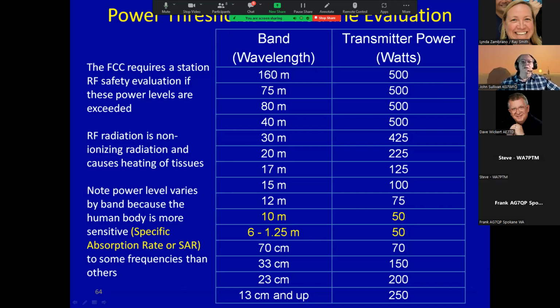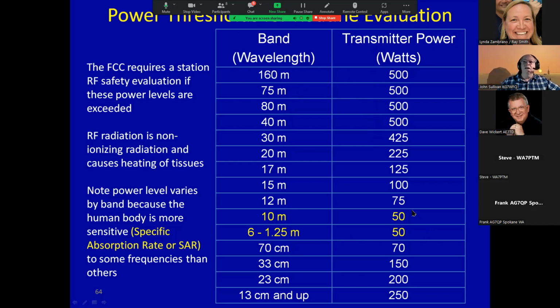Okay. So looking here at the power thresholds that the FCC requires a study for and requires that you take note of, you can see that the transmitted power that's permitted before you need to do a detailed study varies with the wavelength or the frequency of the RF energy.